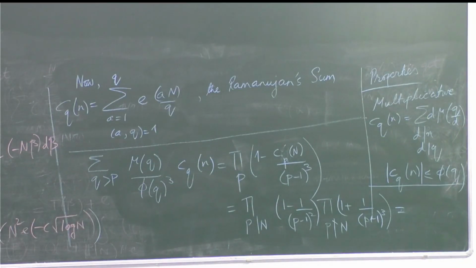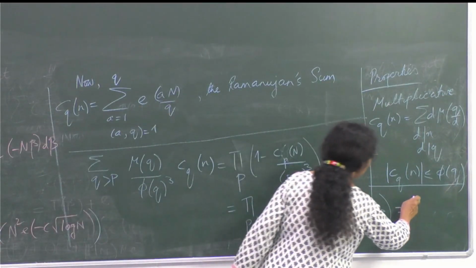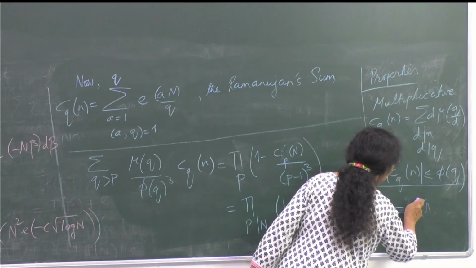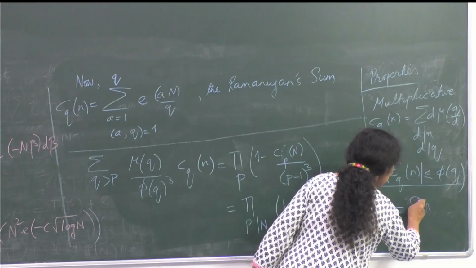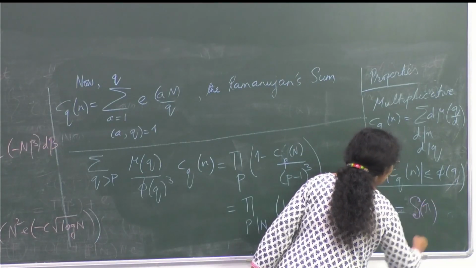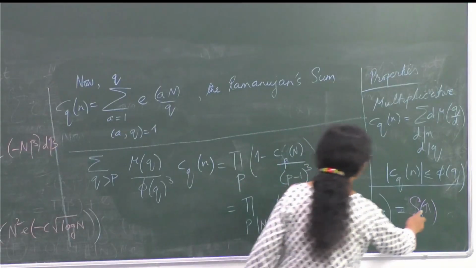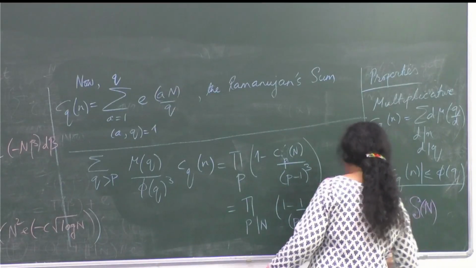You remember right in the beginning we stated this, and you have certainly wondered where this funny thing, this singular series, is coming from. It's looking like zeta. So it's actually S of N, capital N, I think. All right?